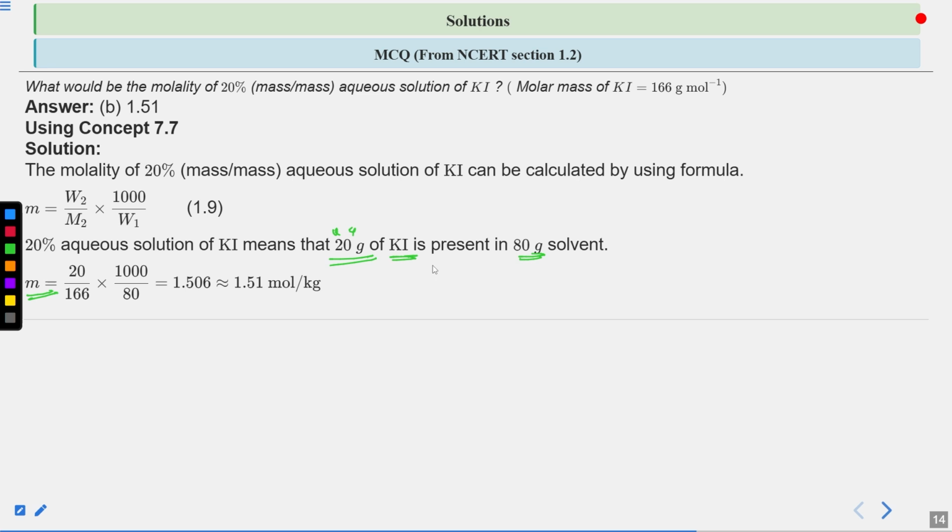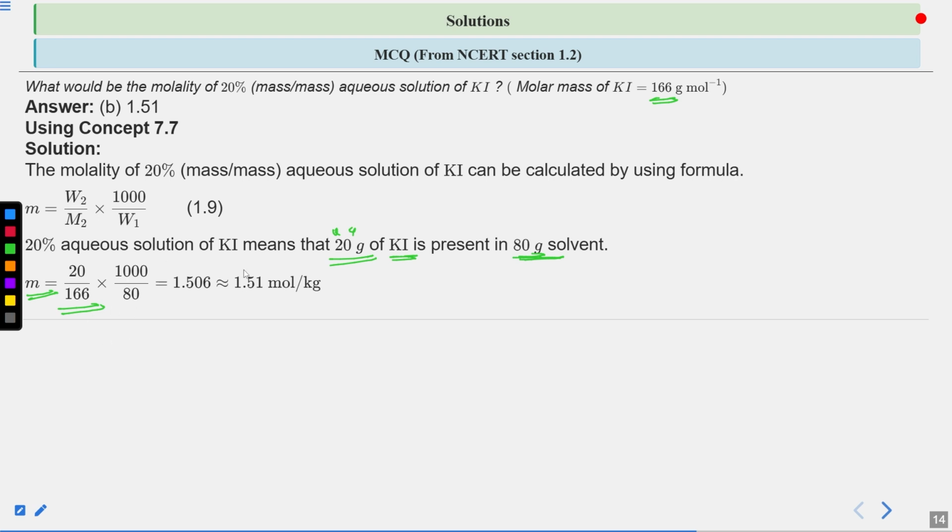the molar mass of the solute. The molar mass of potassium iodide is already given, which is 166 grams per mole. So 20 divided by 166, multiplied by 1000, divided by the weight of the solvent, which is 80 grams. When you solve this fraction, the zero will cancel out, and this will be 1000 upon 4 times 166.